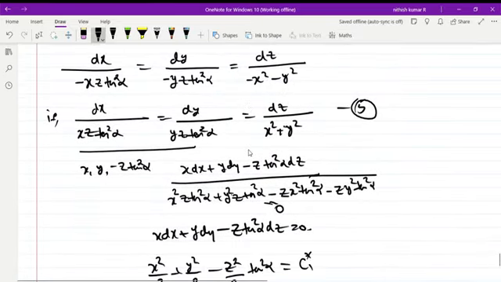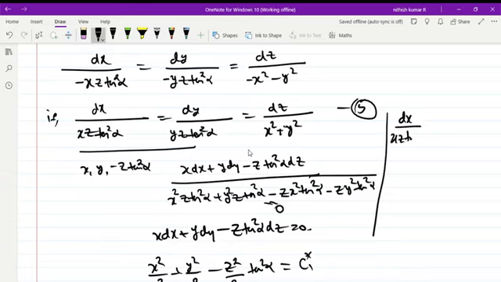Comparing these two ratios, that is dx by x z tan square alpha, which is equal to dy by y z tan square alpha. Now z cancels, tan square alpha cancels, so it is nothing but dx by x is equal to dy by y.